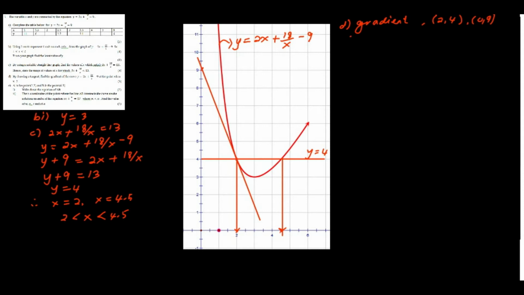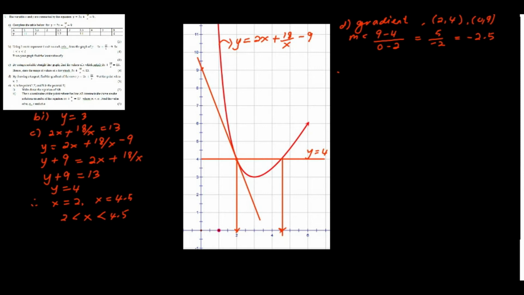So my gradient m equals 9 minus 4 over 0 minus 2. So I get 5 over negative 2, or negative 2.5. That's the gradient.